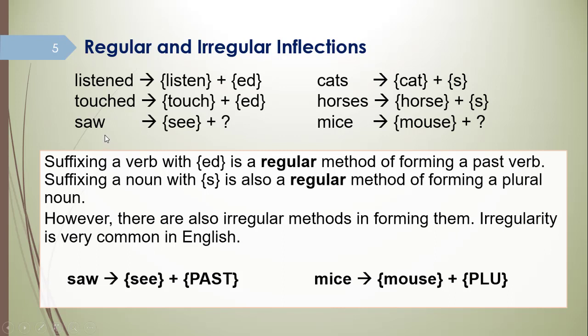So how exactly do we break this down? We can just write it down as this. It is broken down into see and past. Jangan lupa ini di capital semua ya. You have to capitalize this. See plus PAST. So it is not see plus ed, but see plus PAST.